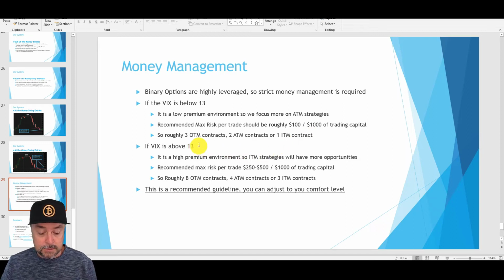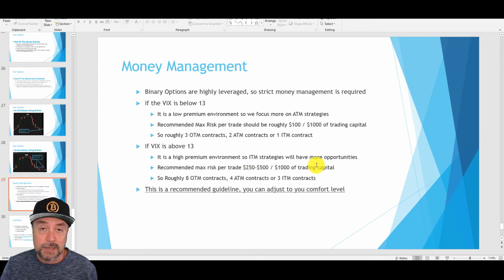All right, so that's just a rough guideline: $100 per $1,000 of trading capital. Now, if we're above VIX 13, this is a high premium environment. So the in the money strategies or our official type calls, that's the kind of environment that we want. The recommended max risk per trade would go up to $250 to $500 per thousand of trading capital.